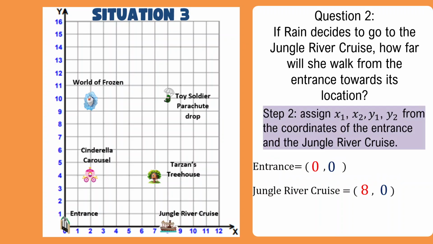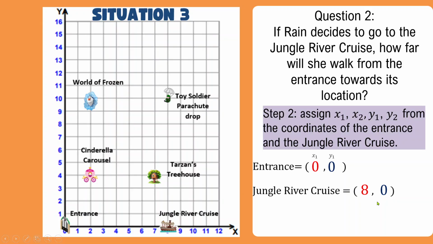Step 2, assign x sub 1, x sub 2, y sub 1, y sub 2 from the coordinates of the entrance and the Jungle River Cruise. So if the entrance is your first point and the Jungle River Cruise is your second point, then this must be your x sub 1. And then your y sub 1 is at the entrance also.